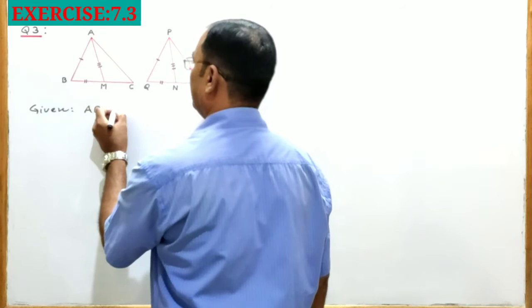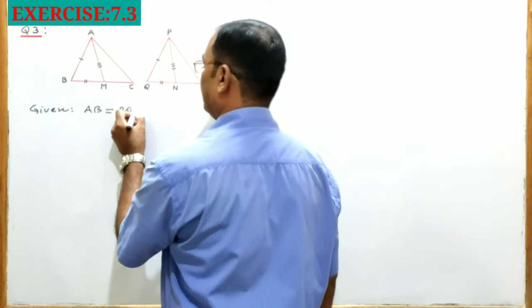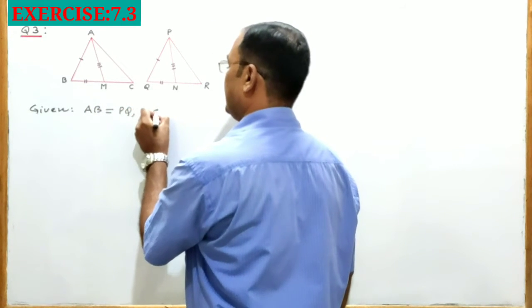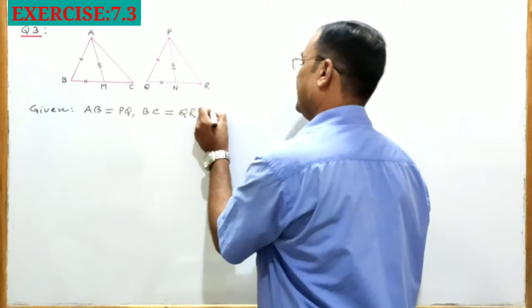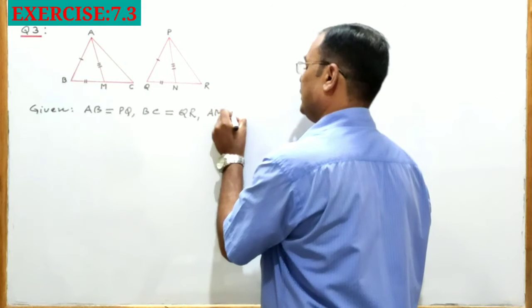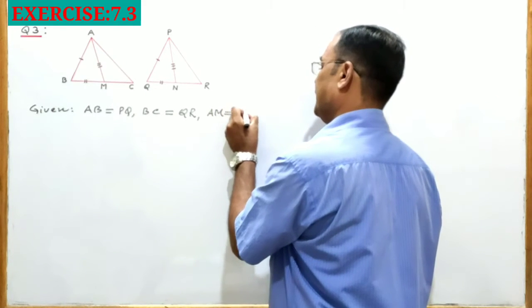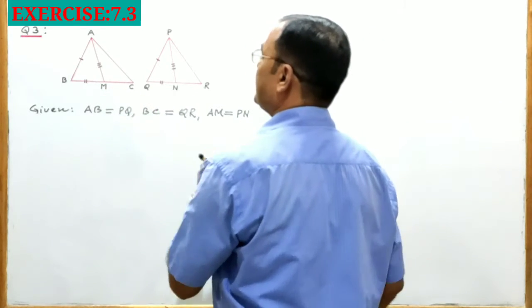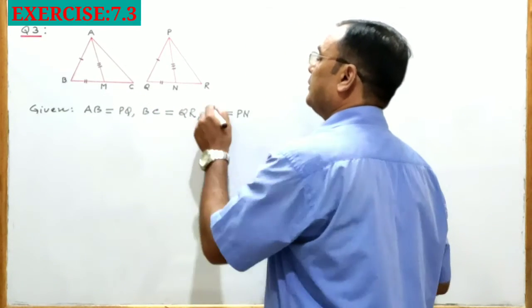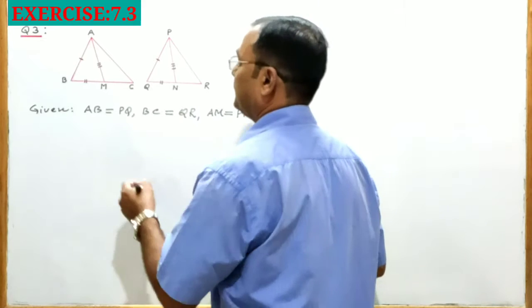AB is equal to PQ, BC is equal to QR, and AM is equal to PN. AM is median of triangle ABC and PN is median of triangle PQR.